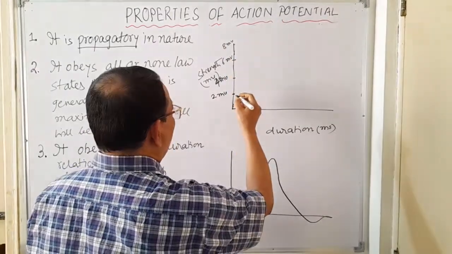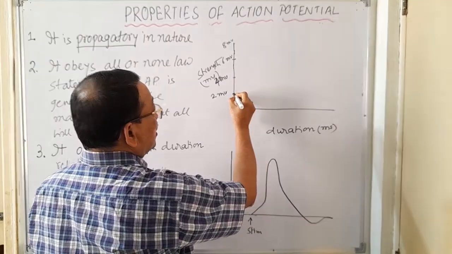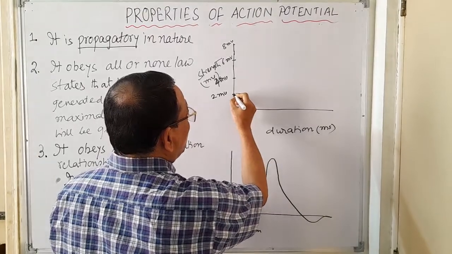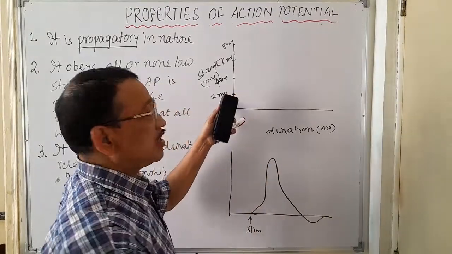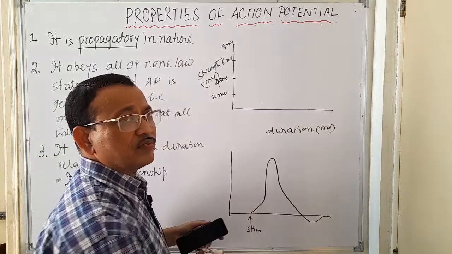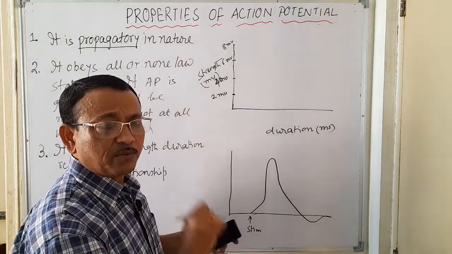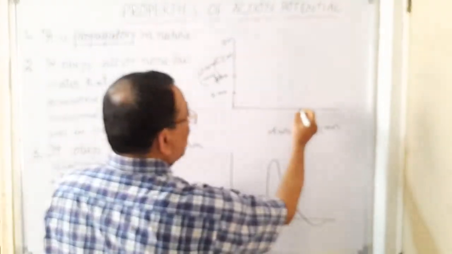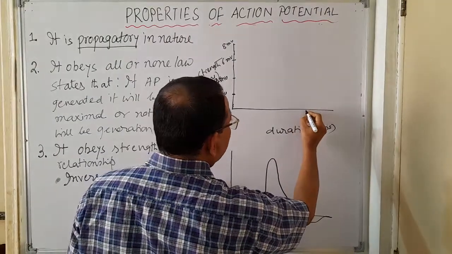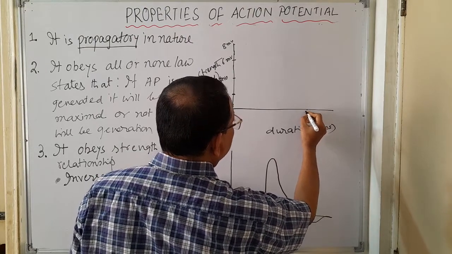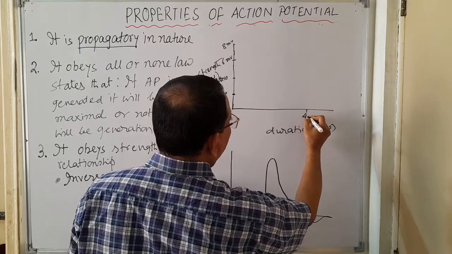Now, if we apply 2 millivolt of current, 2 millivolt of strength of the stimulus, then suppose the duration required to induce the action potential is 4 milliseconds.